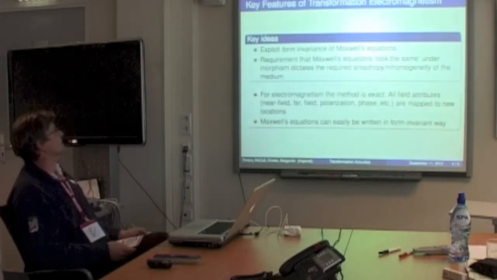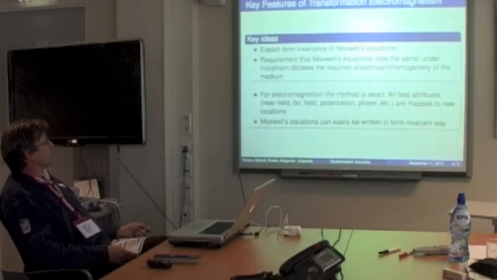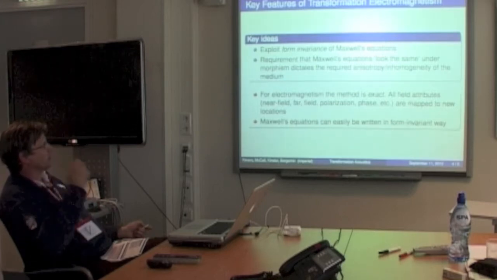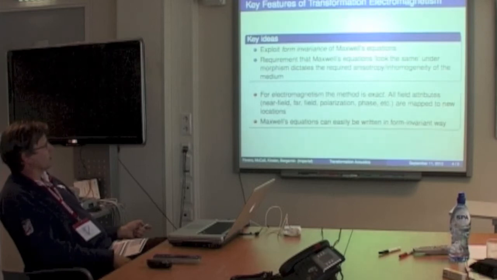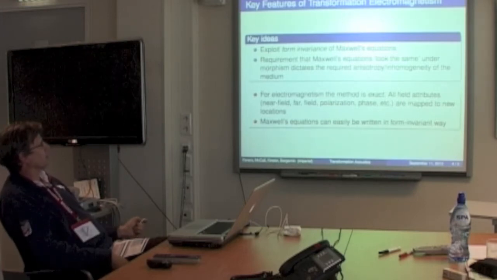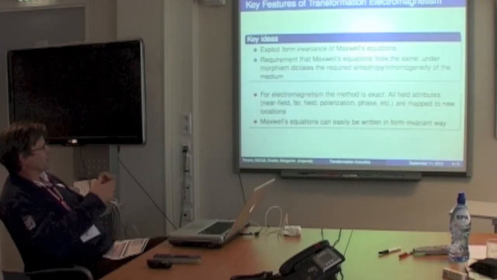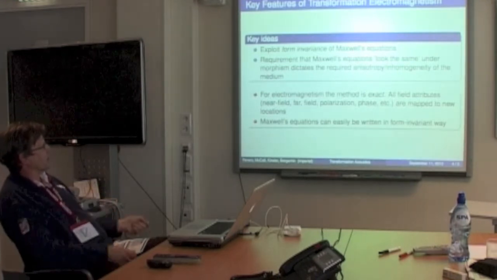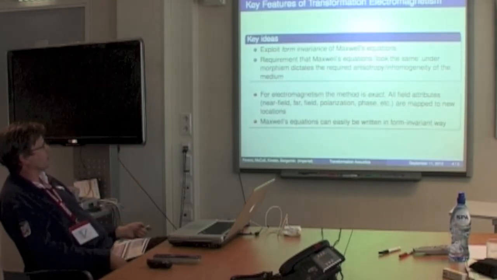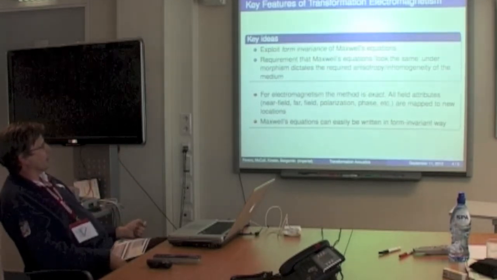So the key features that Lucy has already outlined for electromagnetism are that we exploit form invariance of Maxwell's equations. And so the requirement that Maxwell's equations look the same after transformation, let's call it a morphism, which in some sense de-emphasizes the coordinate dependence aspect. The idea of morphing points on a manifold is also quite good.